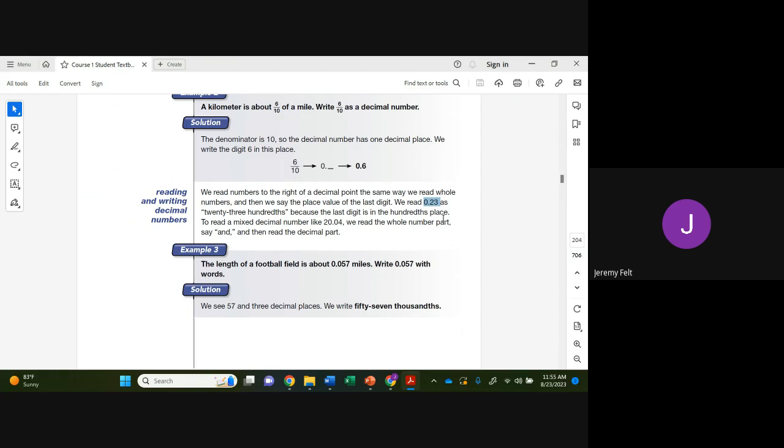But the technically correct way to say it is we have 23, and then it's in the hundredths place, so we'd say 23 hundredths. Here, we would say 20, and when we have this decimal, 20 and 4, we don't say 0 tenths and 4 hundredths, we just say 4 hundredths, because it's in the hundredths place.